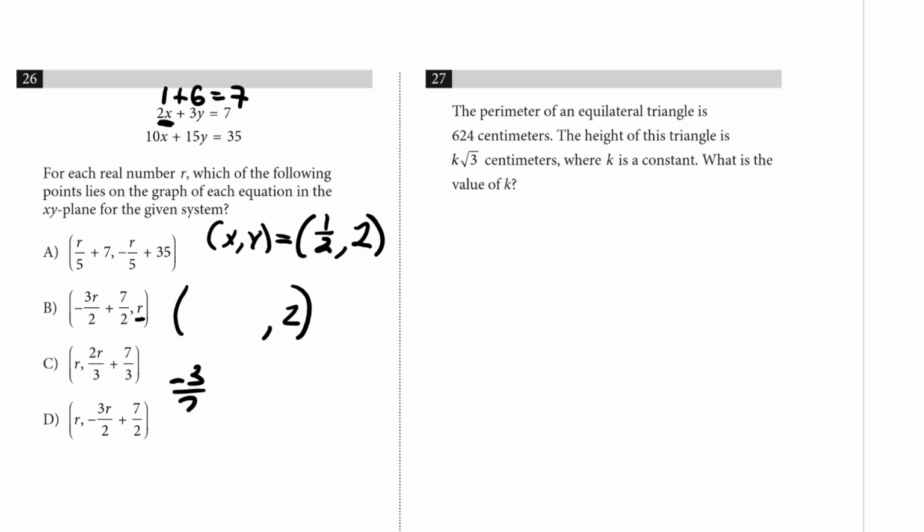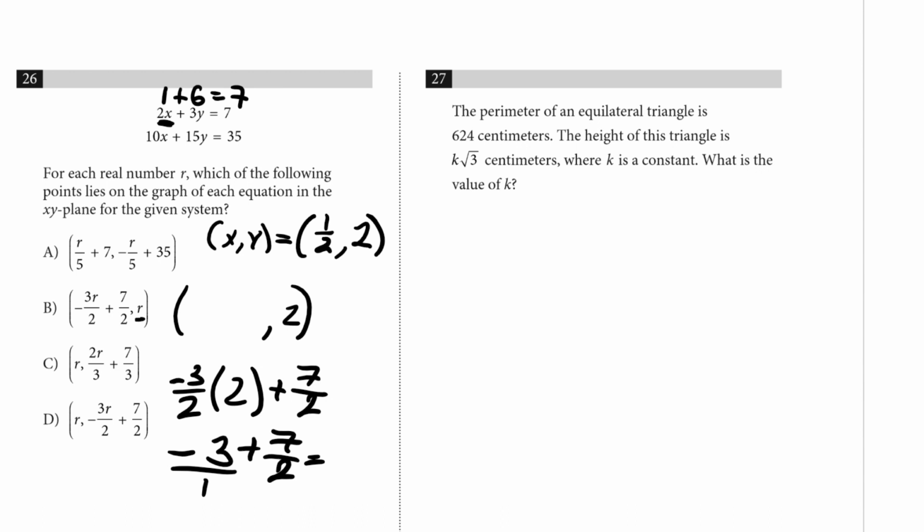Negative 3 over 2 times 2 plus 7 over 2. Negative 3 over 2 times 2 is negative 3 plus 7 over 2. In order to combine these two fractions, we have to turn negative 3 over 1 into negative 6 over 2 plus 7 over 2, and that gives us half.